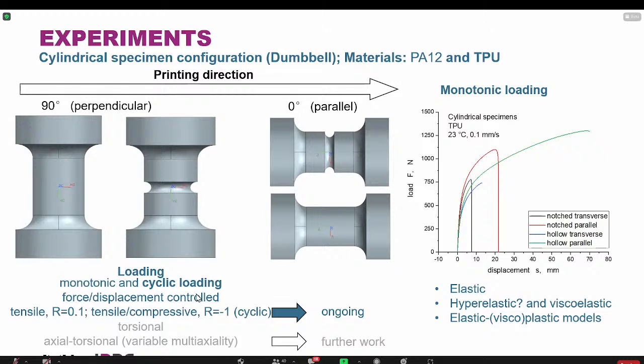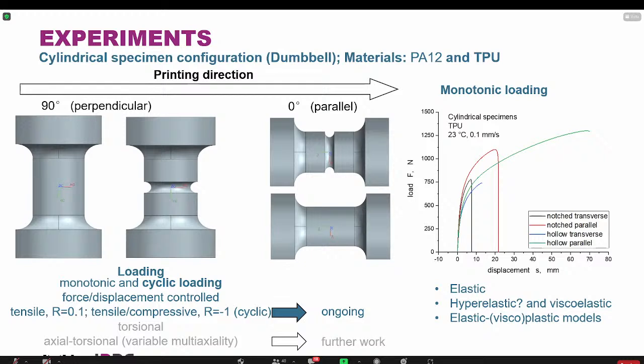For the fatigue behavior, we perform the tests both under load and under displacement controlled loading conditions, especially for the thermoplastic elastomers. There are many publications in the literature about the fatigue behavior, whether fracture mechanics is preferable for elastomers or the conventional Wöhler curve.